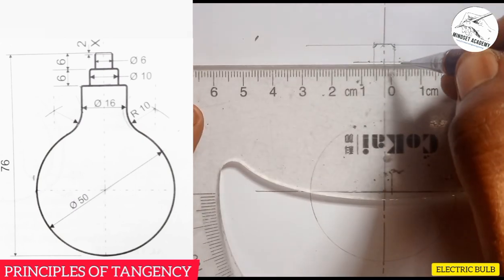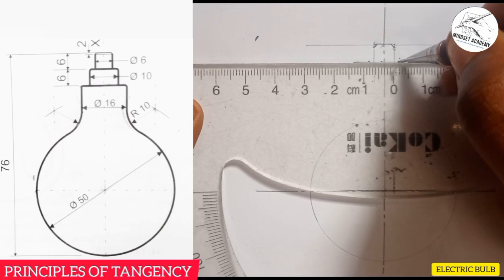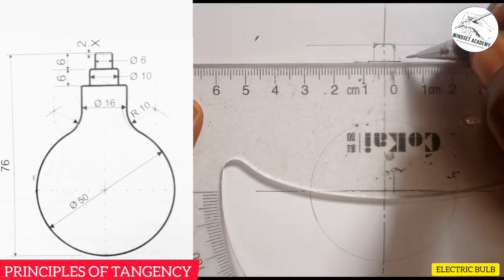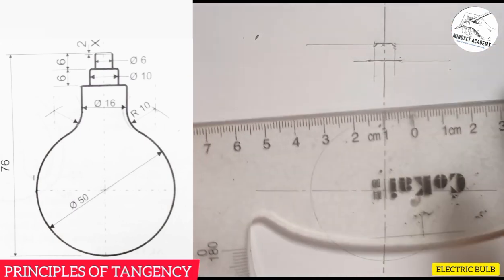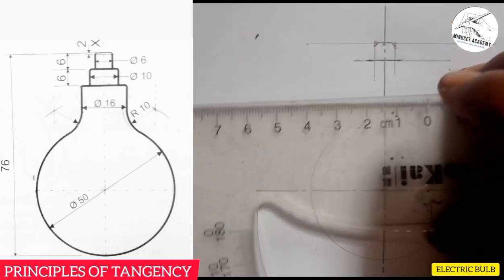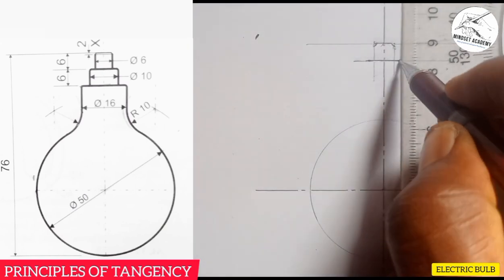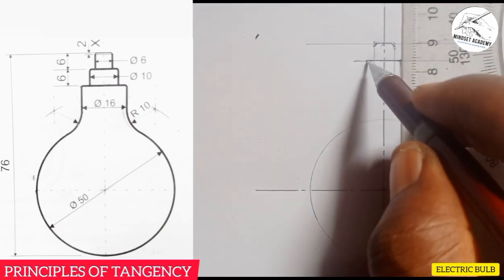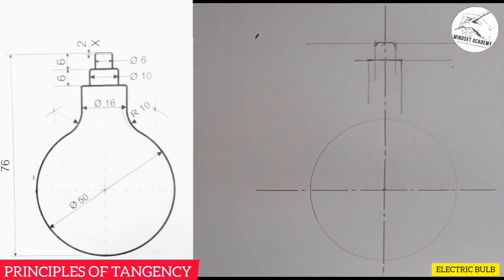That is where I will take in my line, from here to this point. Then I'll bring it down from that point this way, and from here also this way. We can see that.